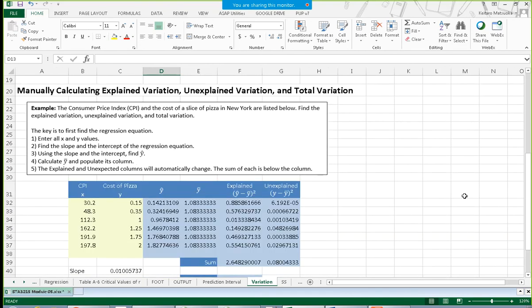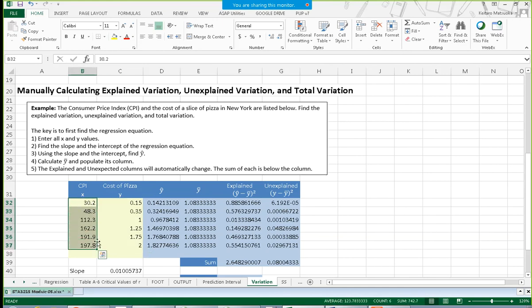The consumer price index and the cost of a slice of pizza in New York are listed below. Find the explained variation, unexplained variation, and total variation. This table can handle up to 7 variables, so here's 5, here's 5.